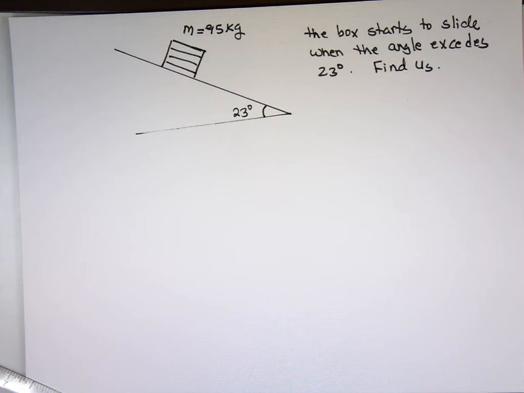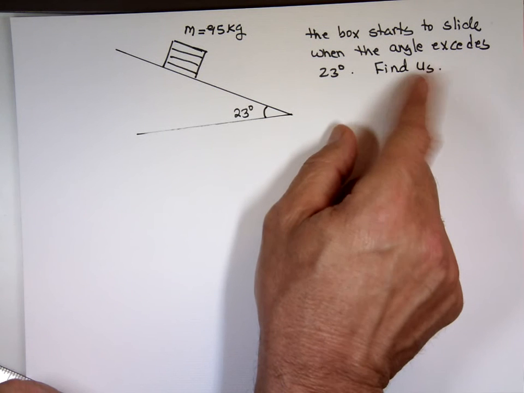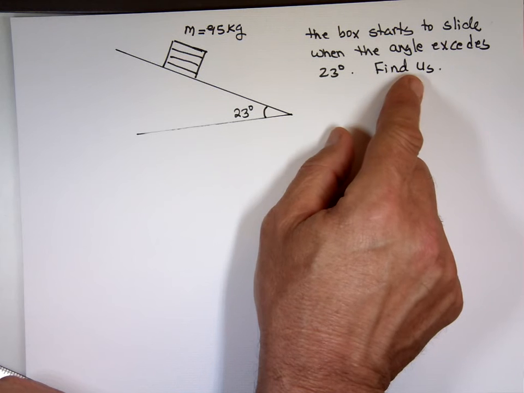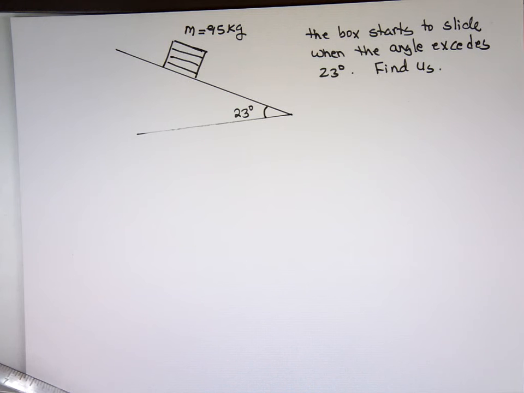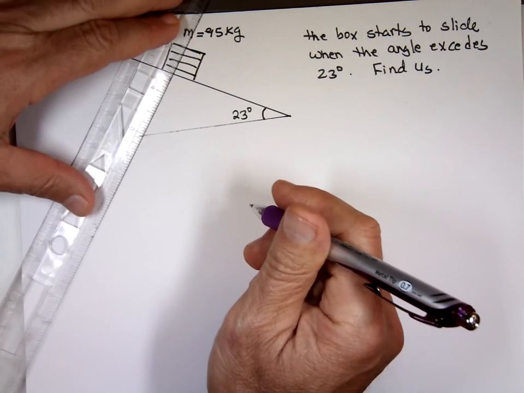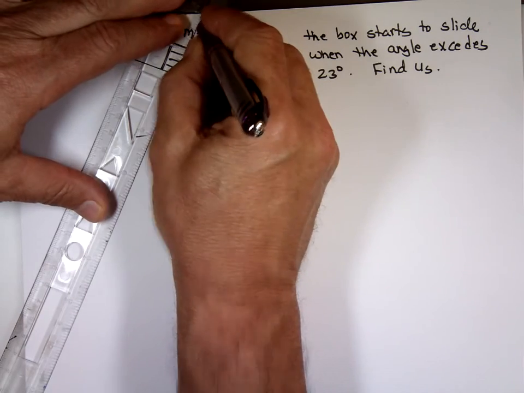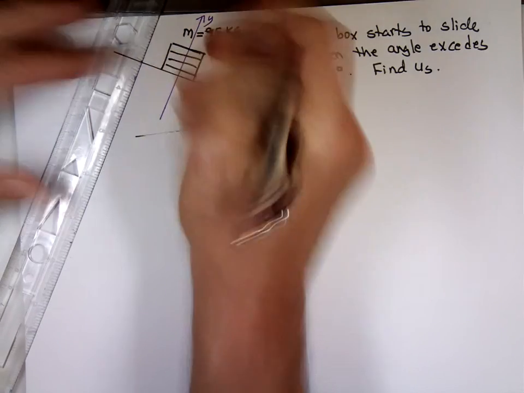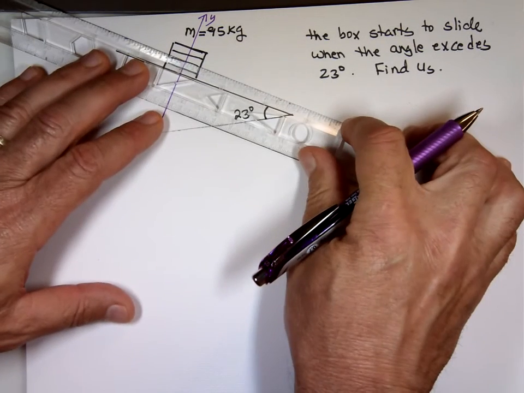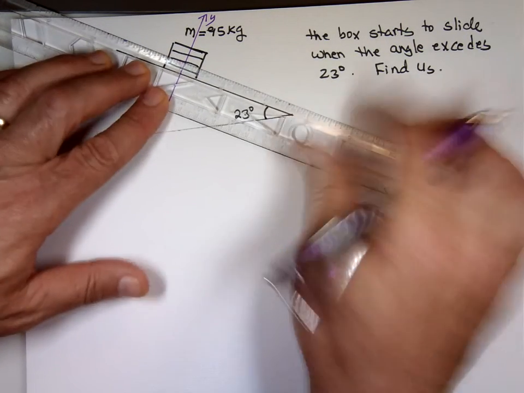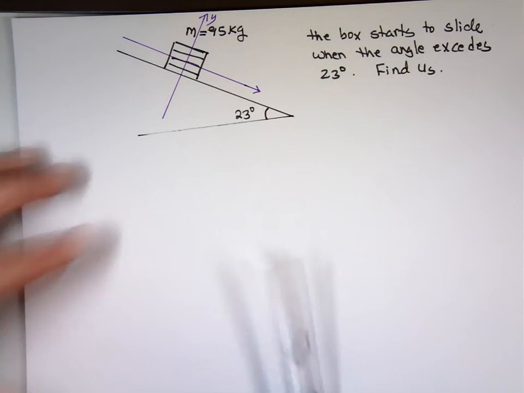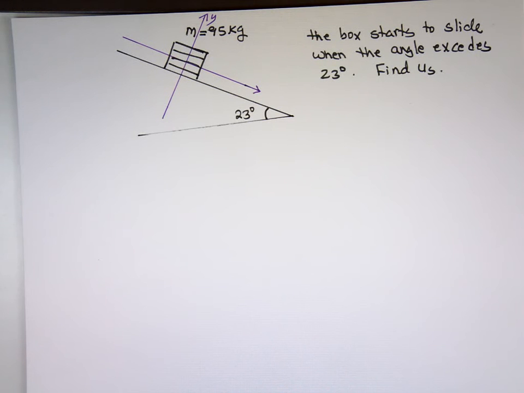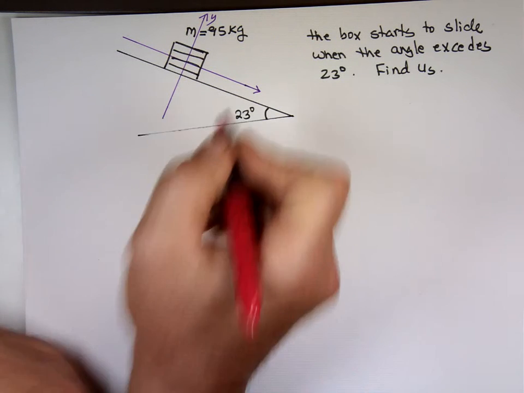So we're talking about the box not sliding. At 23 degrees, the box is not going to slide. A hair over that will start to slide. So let's put my axes here. This is my y-axis, perpendicular to that. This is my x-axis. So my forces, this is on an incline, remember that, just like the other ones.